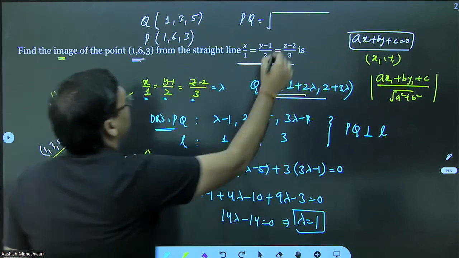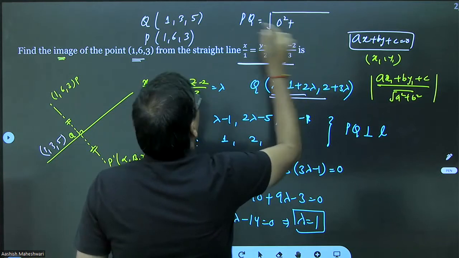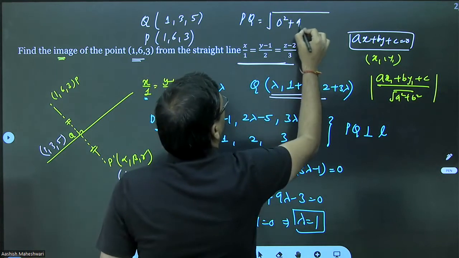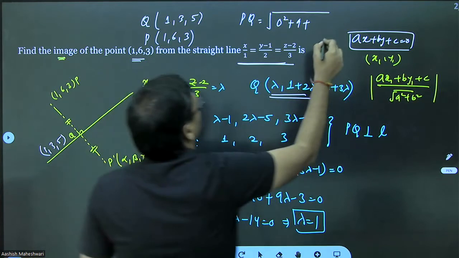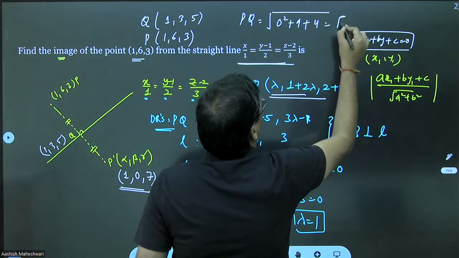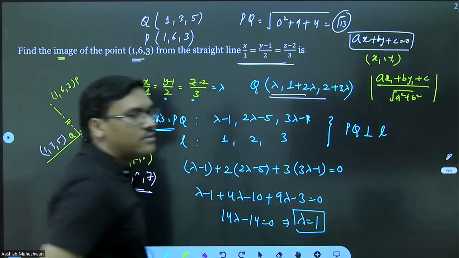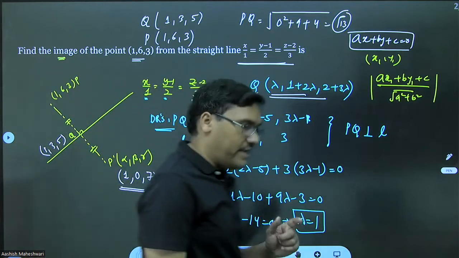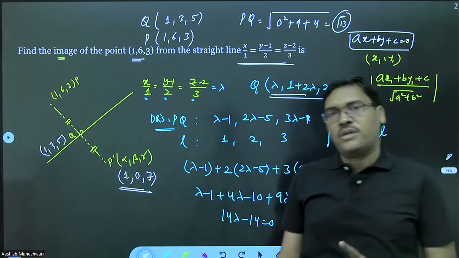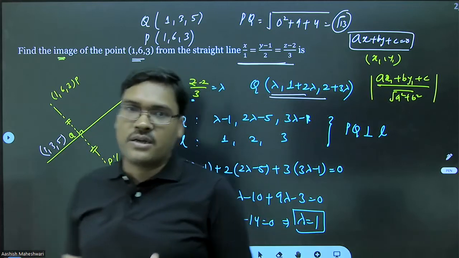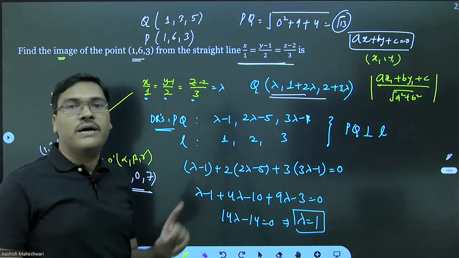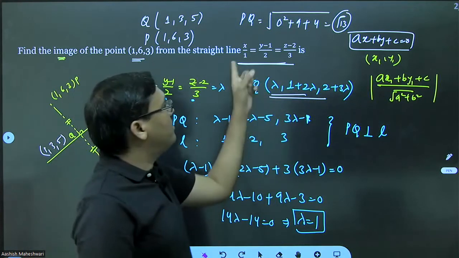So what is the distance here? This is 1 square, 0 square, this is 6 minus 3, 9, and this is 5 minus 3, that is 2, that is 4. So what is the distance? Root 13. This is the way you find the perpendicular distance of the point, image, and foot of perpendicular in 3 dimensions from a line in 3D coordinate geometry.